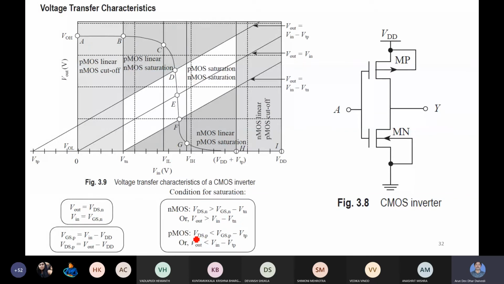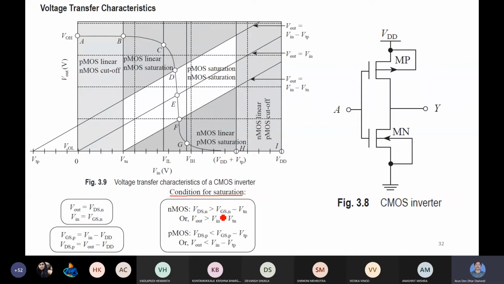And similarly for the PMOS, VDSP, the potential difference between drain and source, is less than VGSP minus VTP, just opposite of this. And V out must be less than V in minus VTP. These are the conditions for understanding if it is in the saturation region.